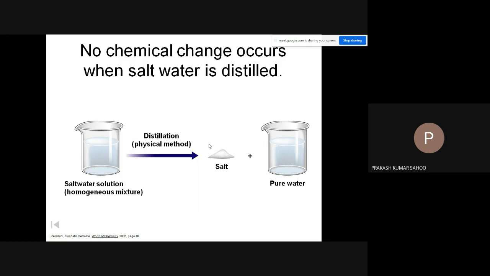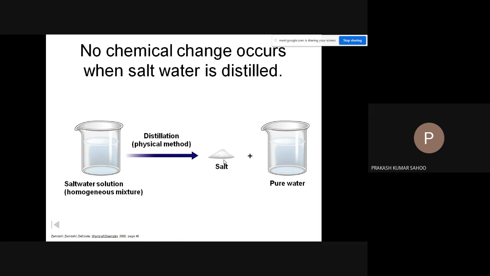When salt gets dissolved in water, there is no chemical change, only the dissociation of the salt occurs. When I mix sodium chloride in water, what happens? The sodium chloride gets dissociated to give Na plus and Cl minus, chloride ion.